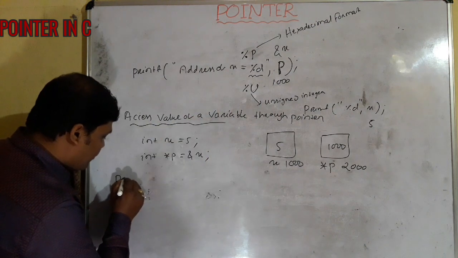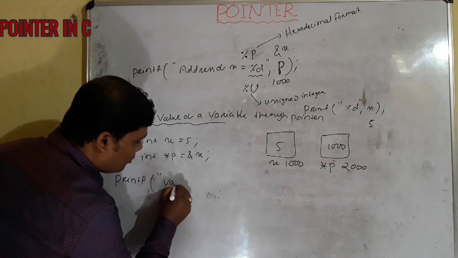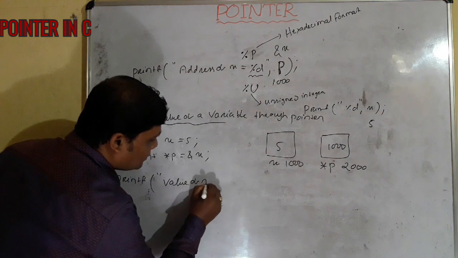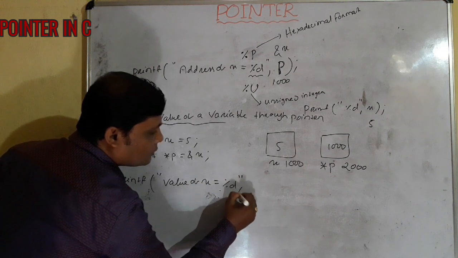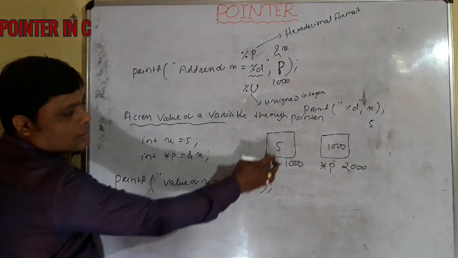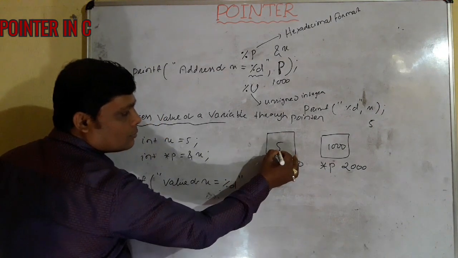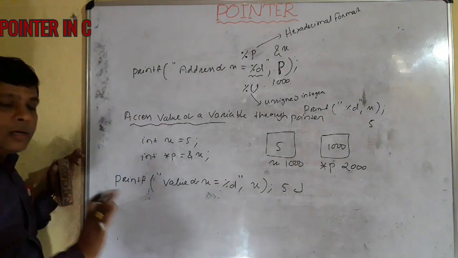To access the value of a variable, what? Value of x = %d, then x I may write. So it will display what? This 5. Yes or no? So it will display 5. Clear?